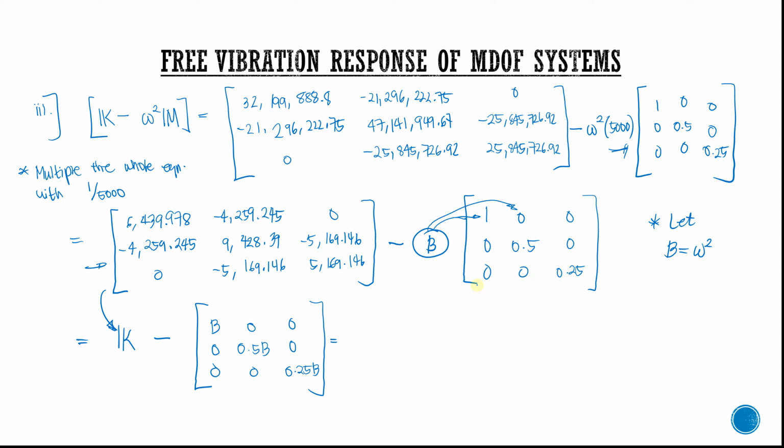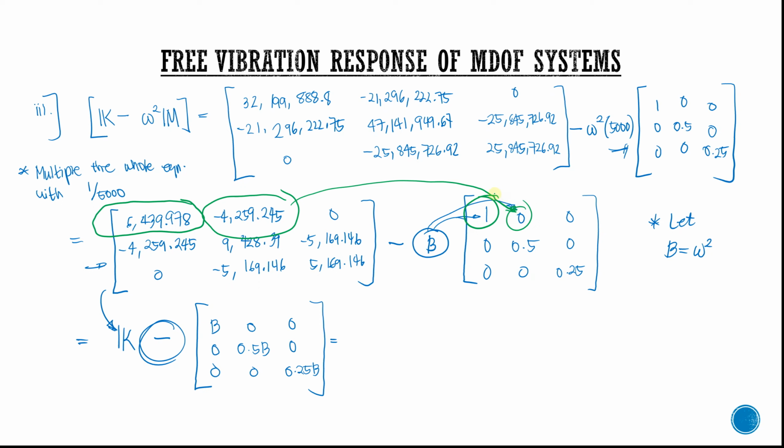Now we'll need to do the operation. We have a subtraction here, which means the stiffness matrix minus the mass matrix. To do that, this specific row and column will be subtracted here, and then this one to the first row, second column, and then this one to the other side.